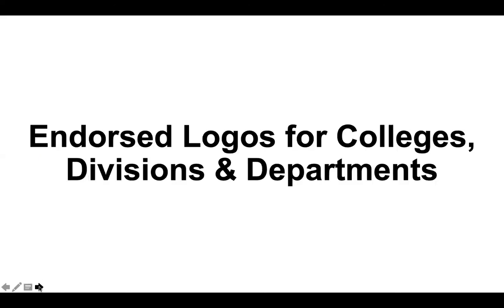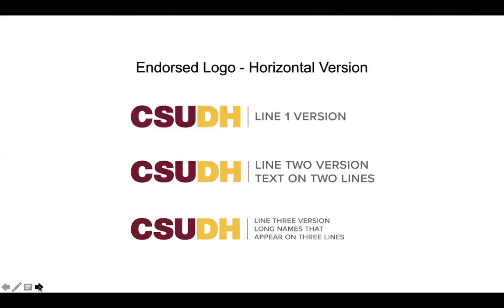So now that last example shows an endorsed logo. An endorsed logo combines the university logo with the department name. CSUDH entities or departments may contact the University Communications and Marketing Office to request your own endorsed logo if you don't have it already. So there are 3 versions of this as well. You've got the 1 line, the 2 line, the 3 line.